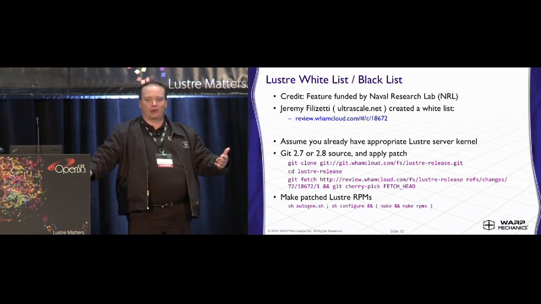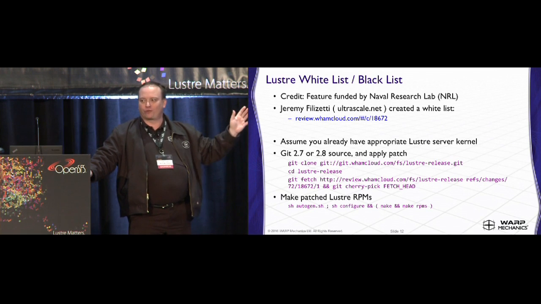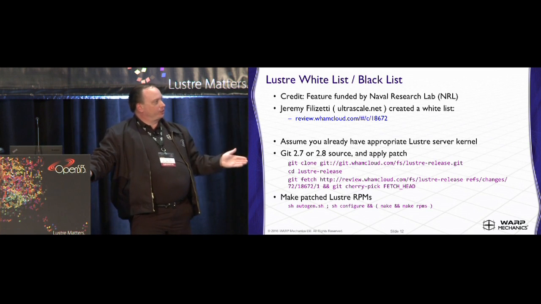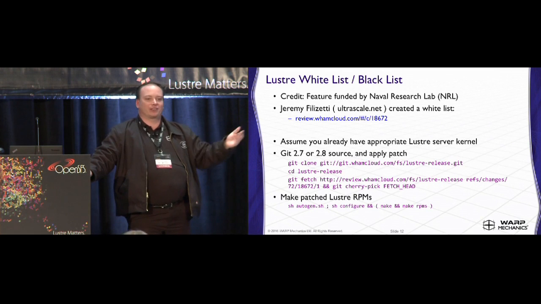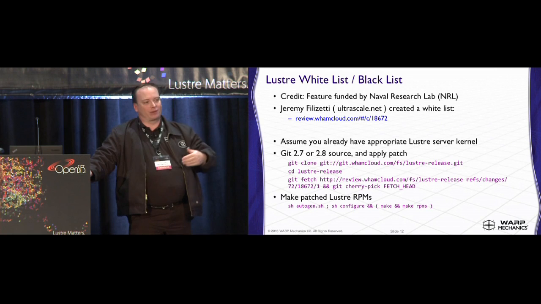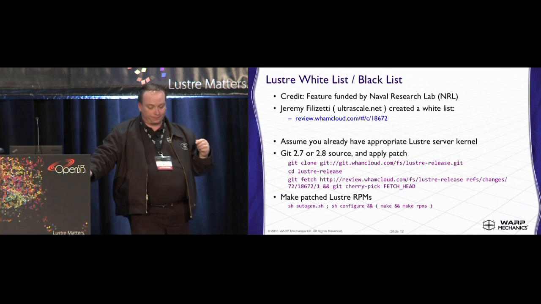You have to be the crazy folk like Warp who build your own Lustre from source code. But if you download the patch, you can, in more or less one command, bolt it into your Lustre release and make RPMs and then install them, okay?